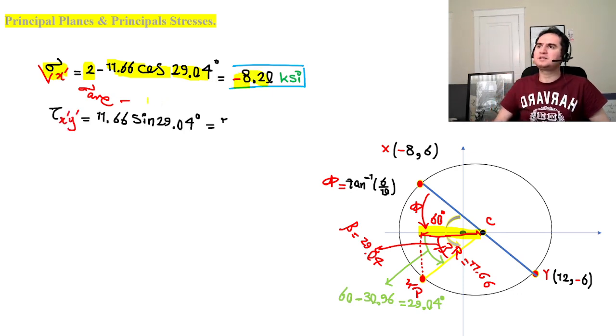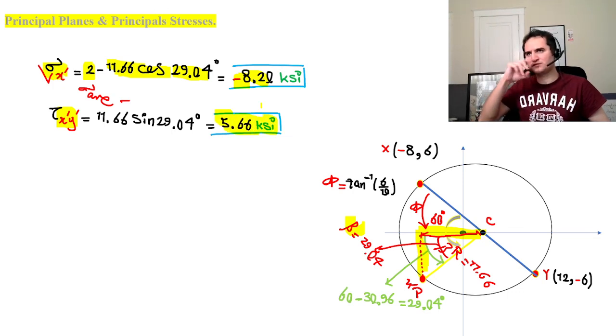And tau x prime y prime is simply the vertical component of R, so that's 11.66 sine of beta. It gives you a numeric value of tau x prime y prime of 5.66. And that's the answer for the stresses on a plane by a rotation of 30 degrees of the element. Thank you.